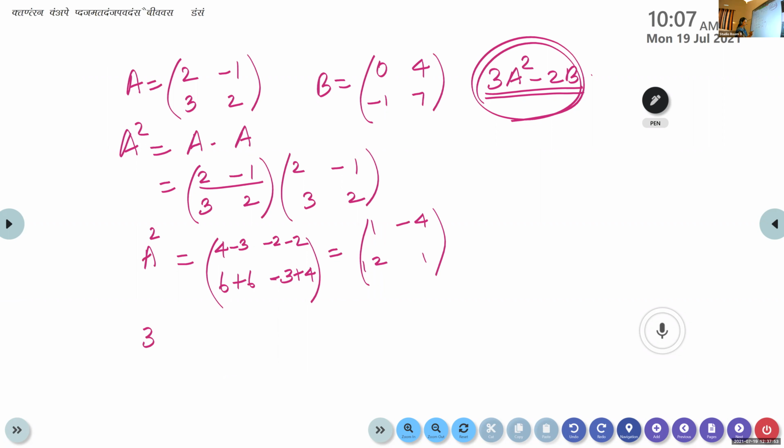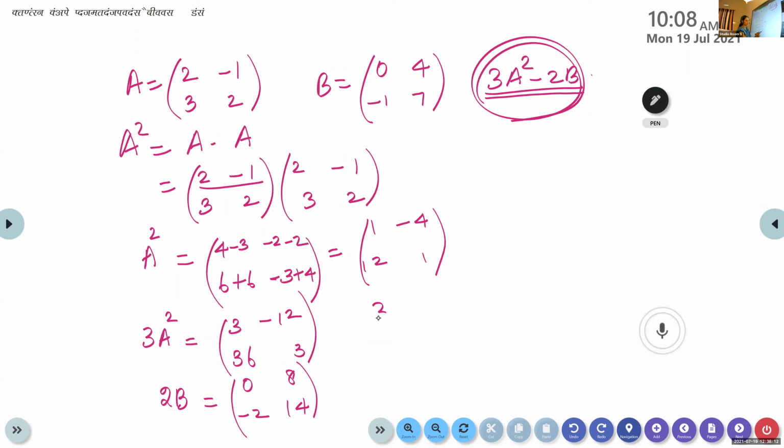Now find what is 3A square. 3, negative 12, 36, 3. Find what is 2B. All the entries of the matrix B should be doubled. So 0, 8, minus 2, 14. Now find 3A square minus 2B.